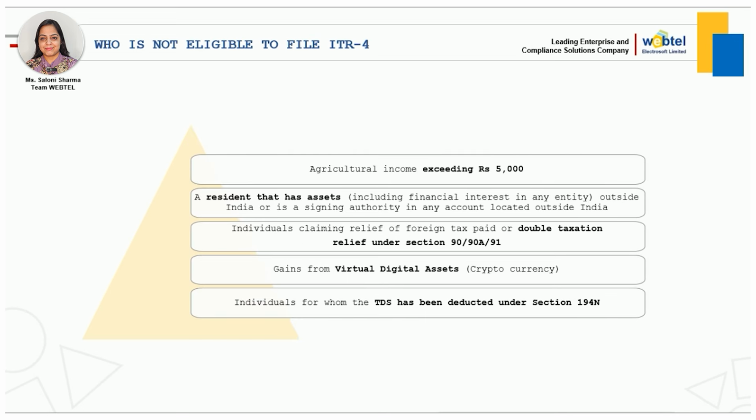Few criteria are also there for non-eligibility of filing an ITR 4, like agriculture income exceeding 5,000 rupees, a resident having assets outside India or being a signing authority in any account located outside India, and individuals who have the relief of foreign tax paid or double taxation relief under section 90 or 90A or 91, or gains from virtual digital assets, or individuals for whom TDS has been deducted under section 194N.